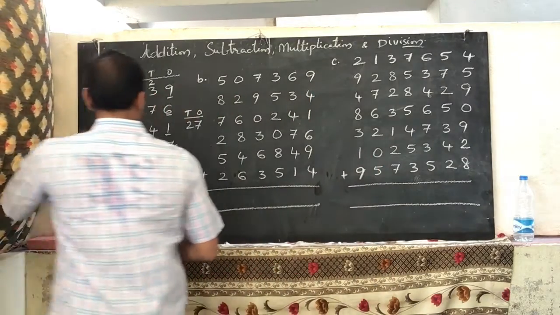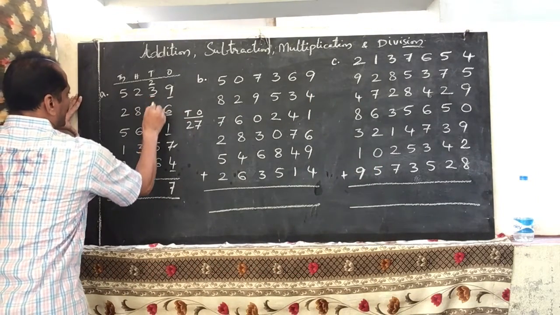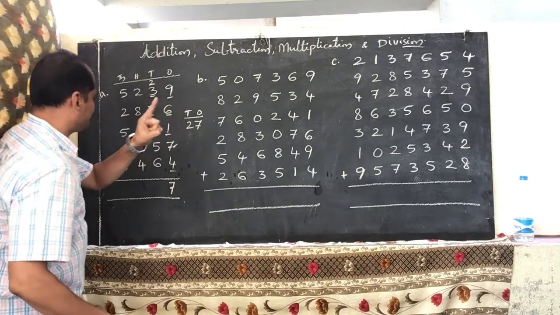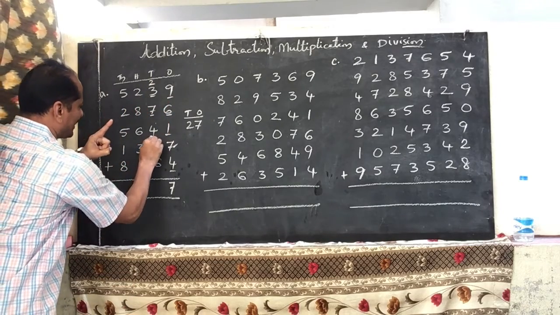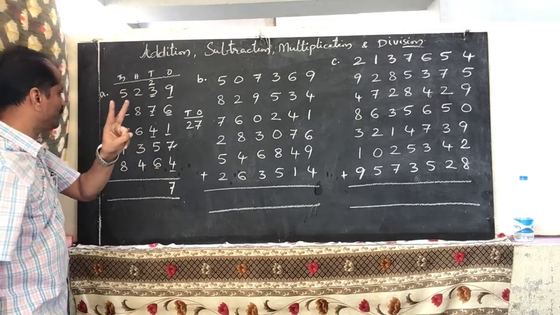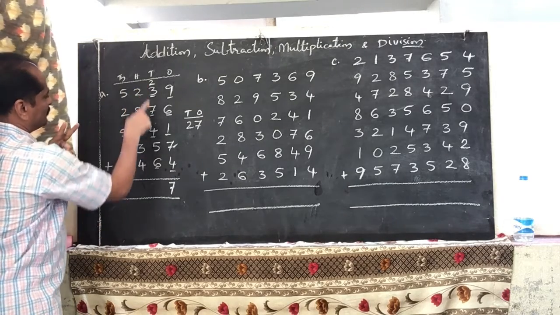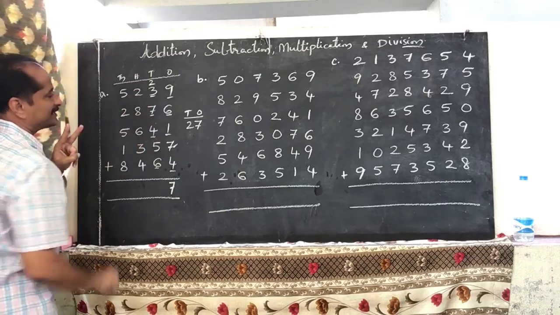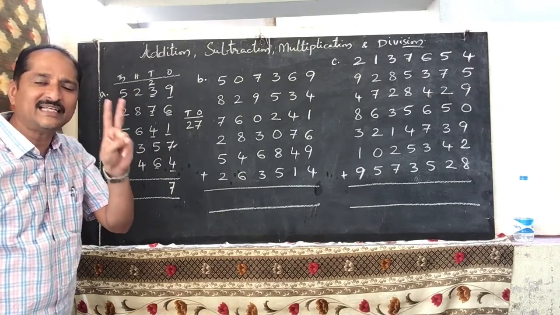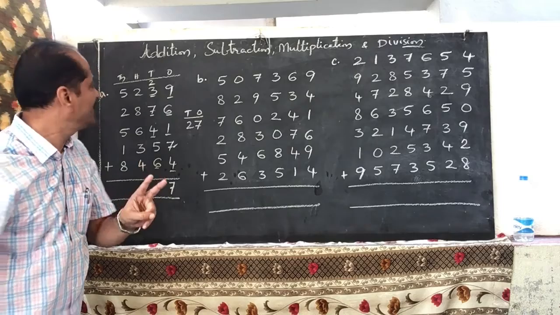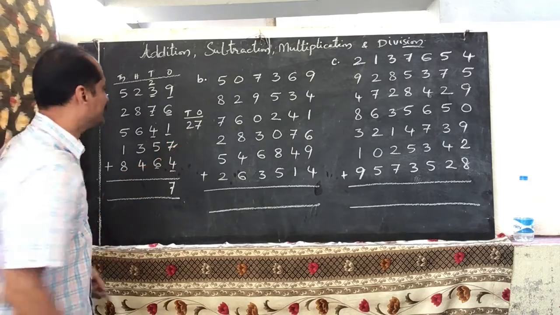Now here see. 3 plus 7, 10. 1 ten you got. Again here also 4 plus 6, 10. 2 tens you got. Remaining digits are 5 and 2. 5 tens and 2 tens is 7 tens. So 2 tens and 7, again 27.